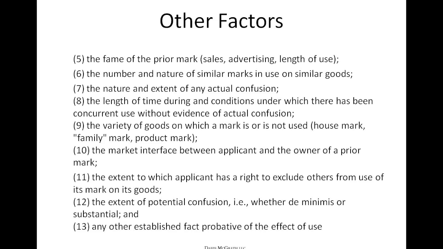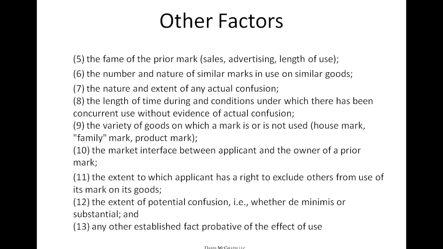Next is the market interface between the applicant and the owner of a prior mark, the extent to which the applicant has a right to exclude others from use of its mark on its goods, and the extent of potential confusion, such as whether there may be de minimis confusion going on between the parties, or whether it's substantial confusion, where you're able to point to real life confusion.